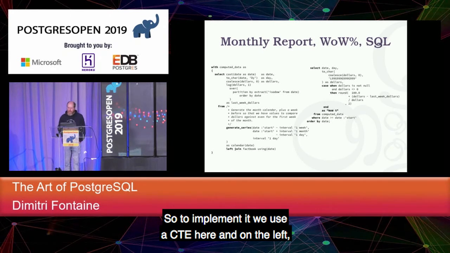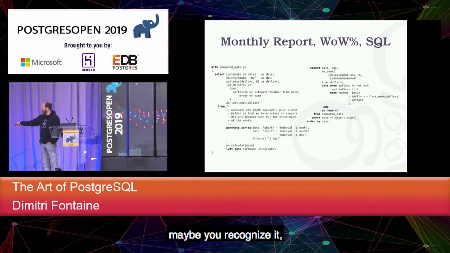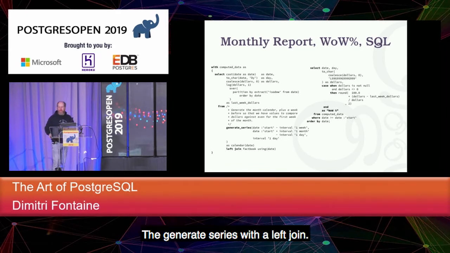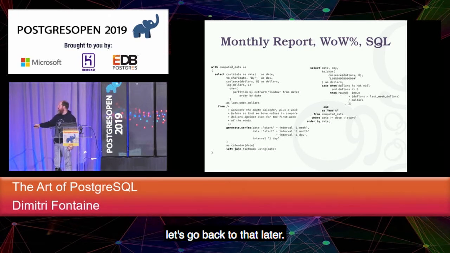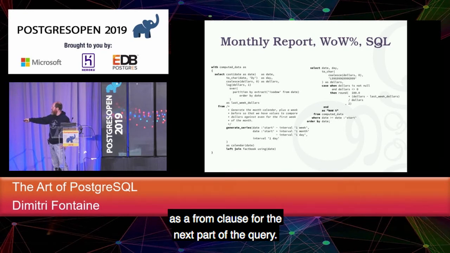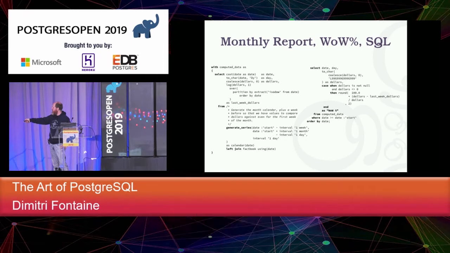So to implement it, we use a CTE here. And on the left, maybe you recognize it. It's exactly the same query as before, right? The generate series with the left join and the lookup. Oh, there is a little difference. Let's get back to that later. So we compute that, and we use computed data here as a from clause for the next part of the query.